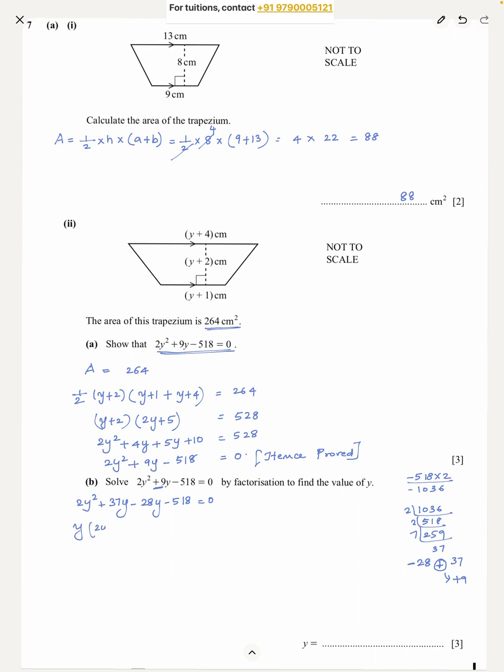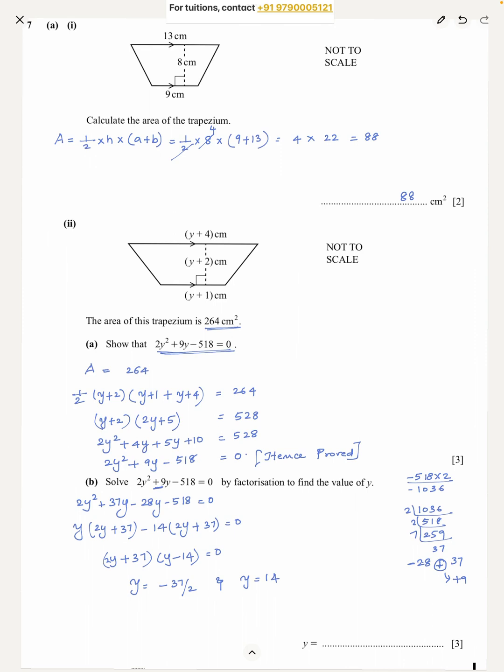Taking out y, y into 2y plus 37, minus taking out 14 as common, 14 into 2y plus 37 is equal to 0. So taking 2y plus 37 as common, we get this. Which means y is minus 37 by 2 and y is 14.